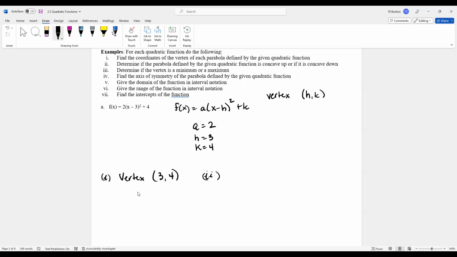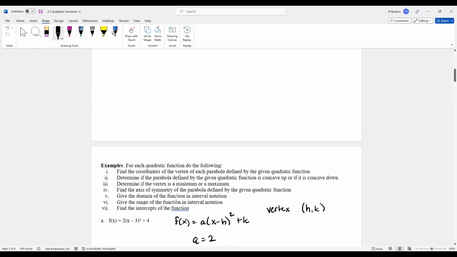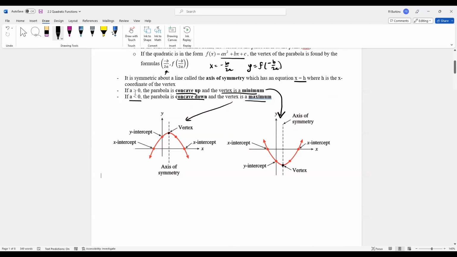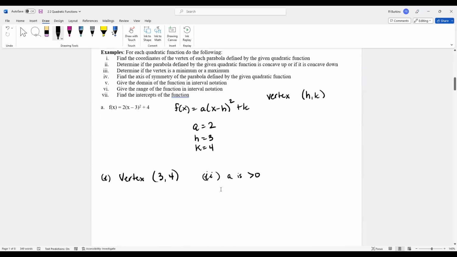Well, a is greater than 0. So again, if we go back up, a greater than 0 is concave up. Also note that this means we have a minimum.